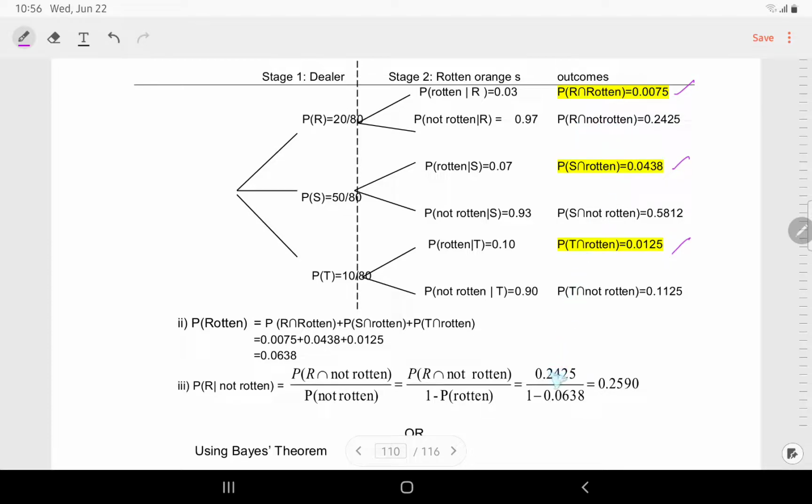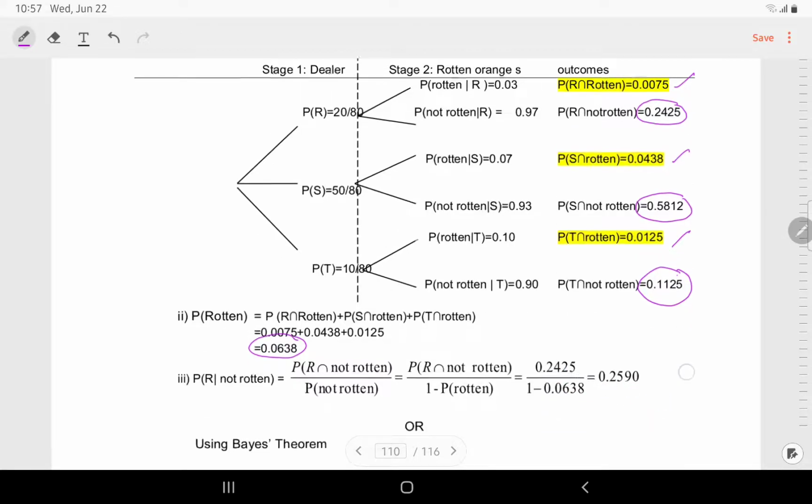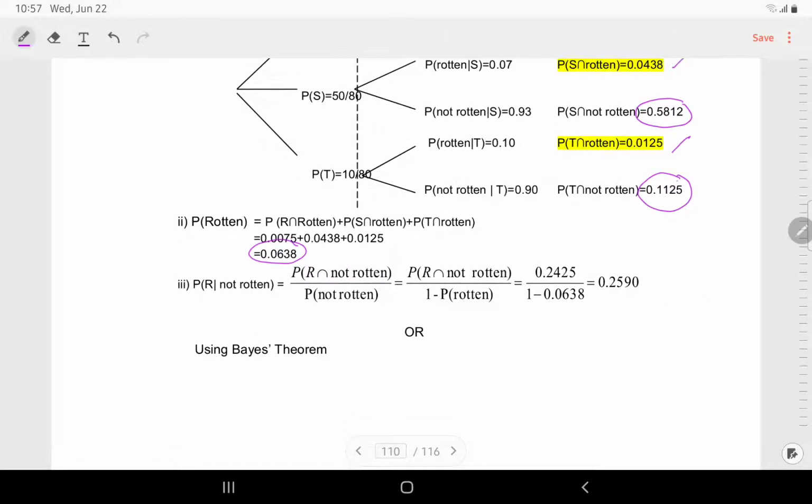And then P(not rotten) kita boleh kira 1 minus rotten, ataupun kita tambahkan 0.2425 plus 0.5812 plus 0.1125. So bahagikan dapat jawapan 0.2590.